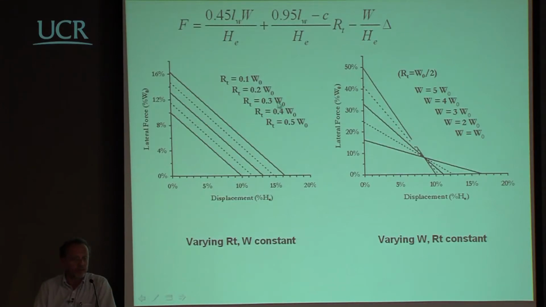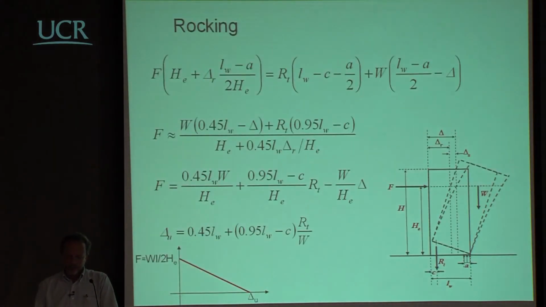This is just to make it non-dimensional. Or you could have something like this, where you keep the tensile force constant but modify the weight, as a function of the weight that you have down here.